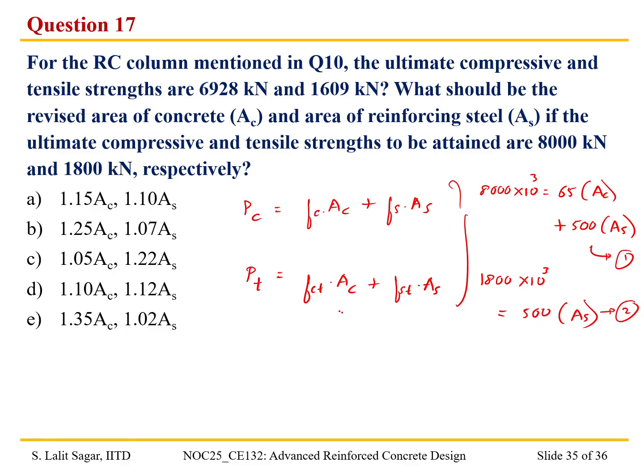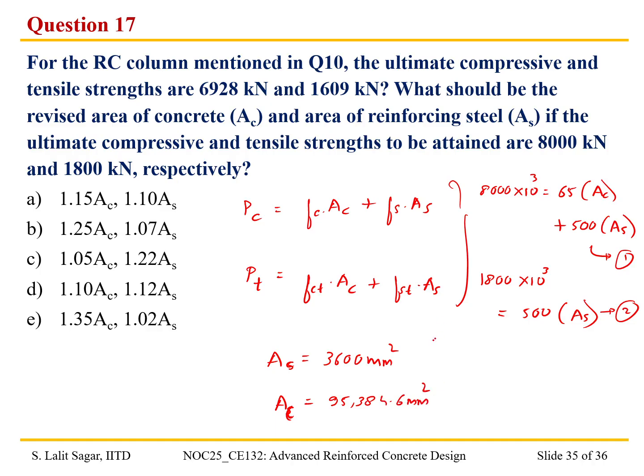So by solving these two simultaneous equations, we get the value of AC is equal to 3600 mm square and AS is equal to, oh sorry, AS is 3600 and AC will be 95,384.6 mm square.